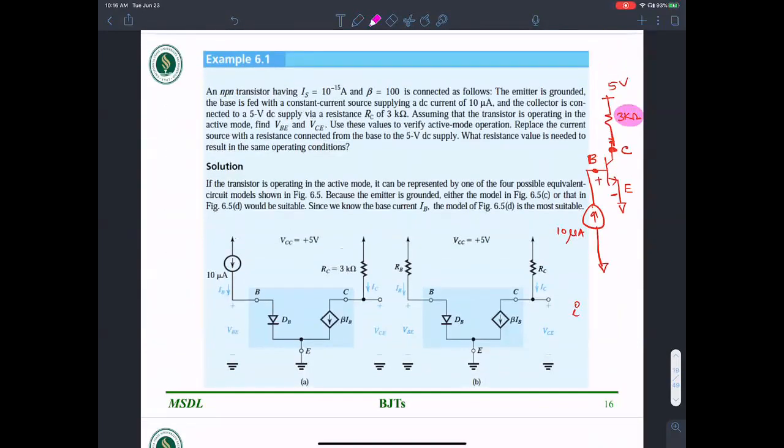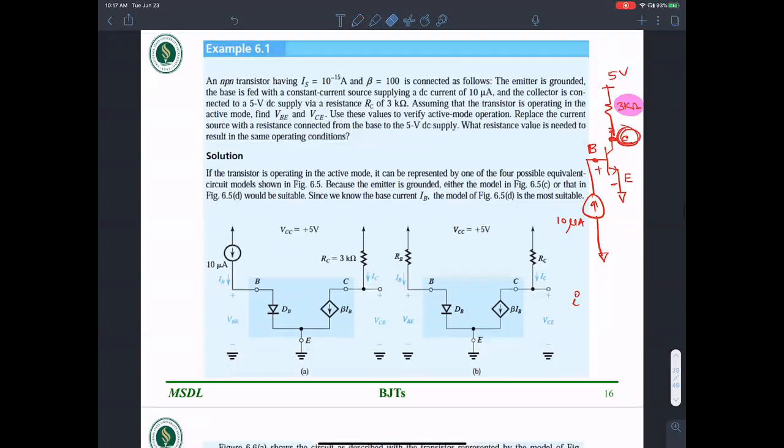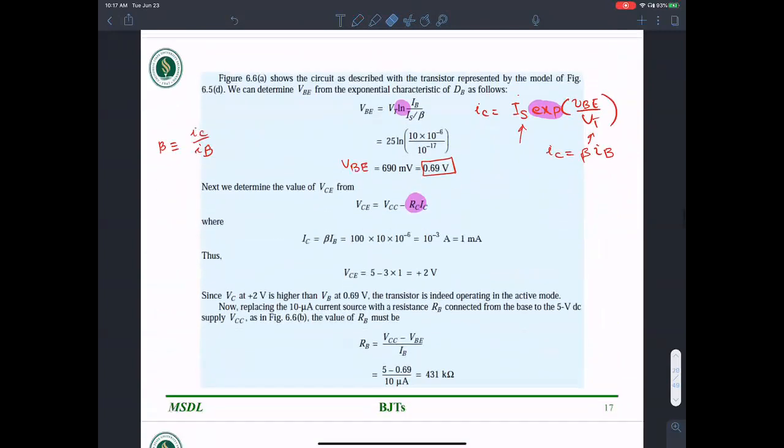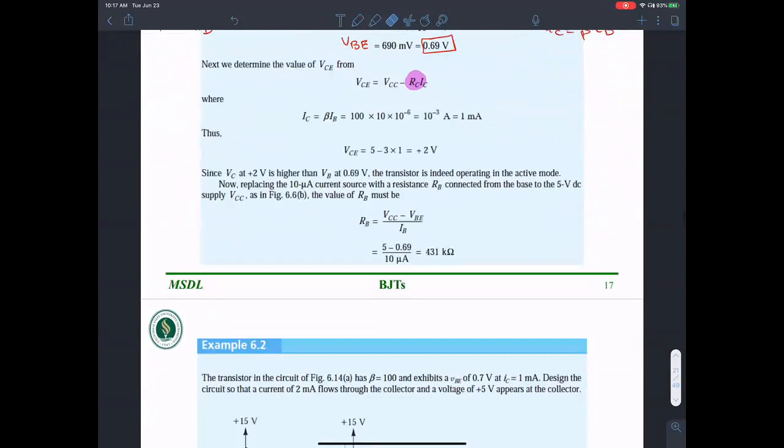In order to find the voltage at VC, all you have to do is 5 volts minus 3 kilo ohms times IC. Using Ohm's law, we should be able to find the value of VC. Once we have VC, we should be able to find the value of VCE.